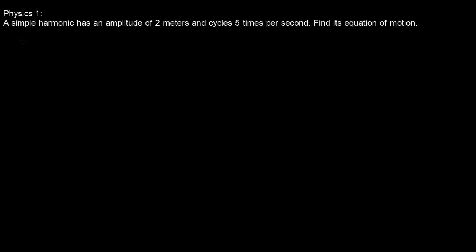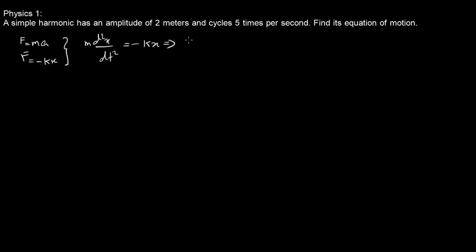So we start with Newton's second law, F equals ma, and Hooke's law, which says F is minus kx, and therefore these two tell me that m d2x dt2 is equal to minus kx.